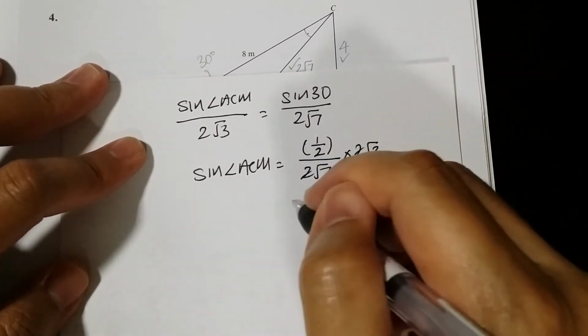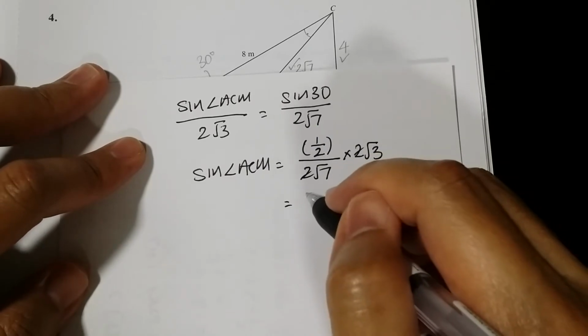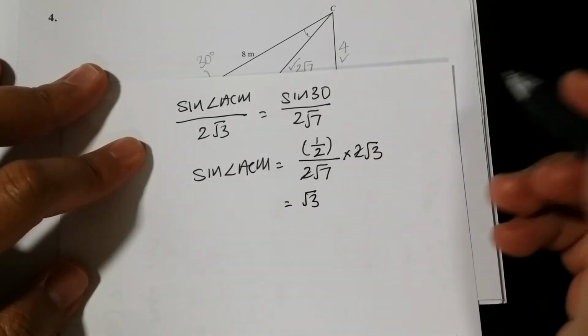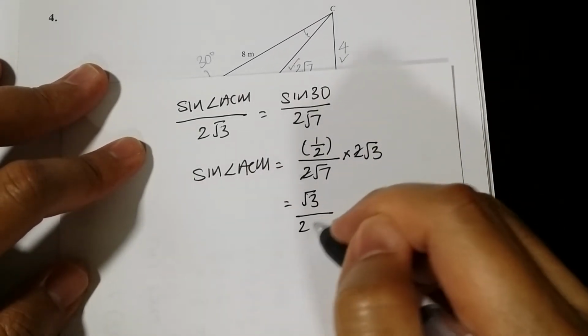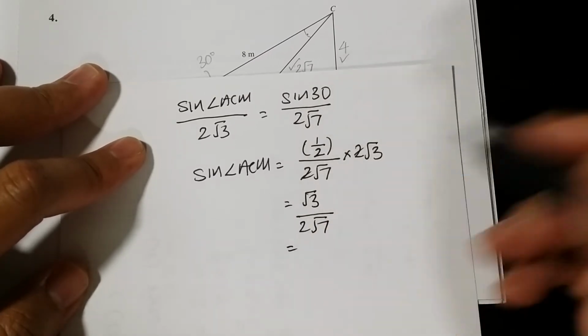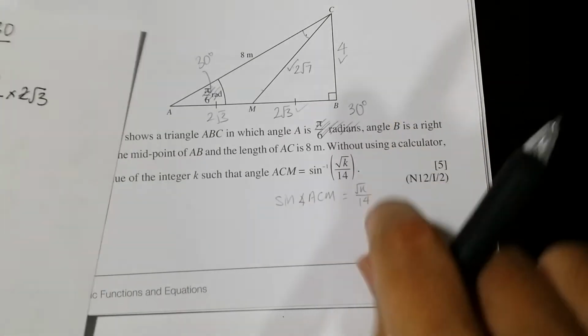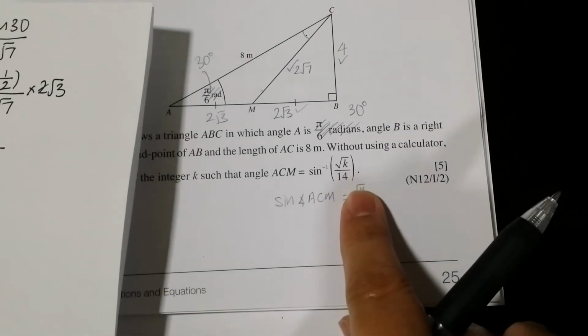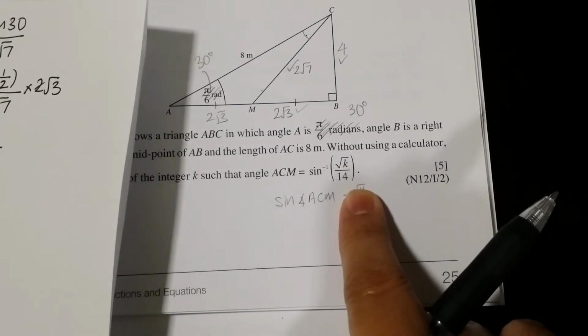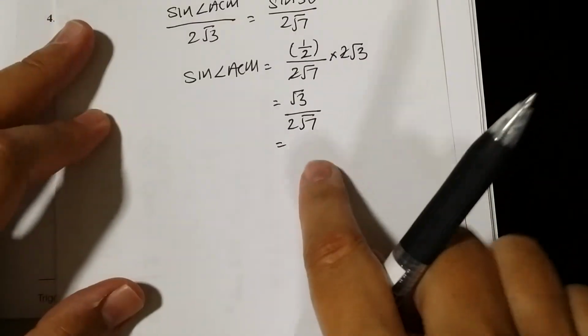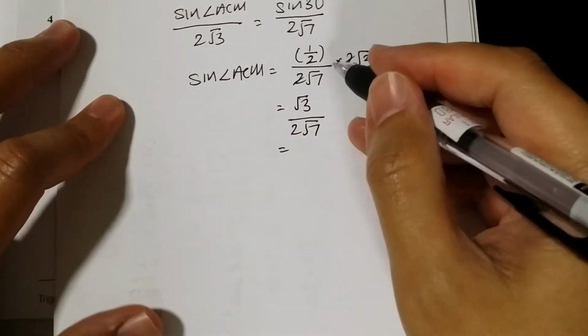It will be square root 3 over 2 square root 7. Okay, not nice, right? This is not what I want. Look at this. Square root k over 14. Okay, focus, it's square root k over 14. Doesn't look correct. Okay, so let's see.